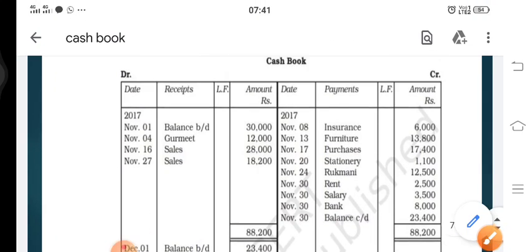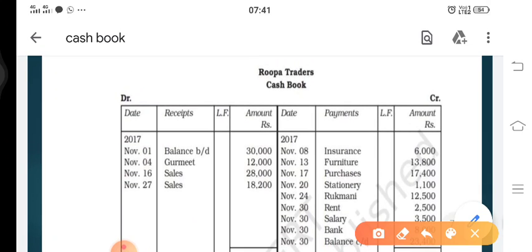As we already discussed, the format in the books of Rupa Traders is the cash book with a debit side and a credit side: date, receipt or particulars, LF, amount for debit; then date, payments or particulars, LF, amount for credit.